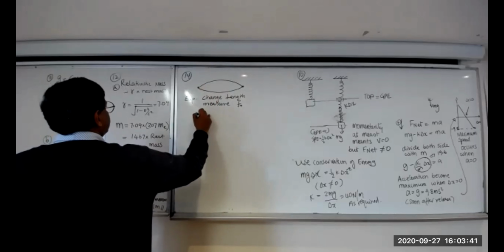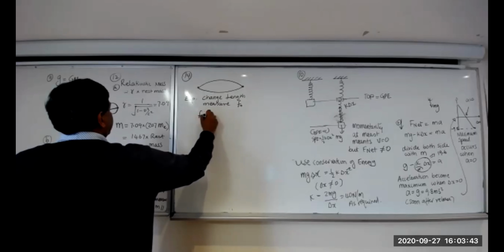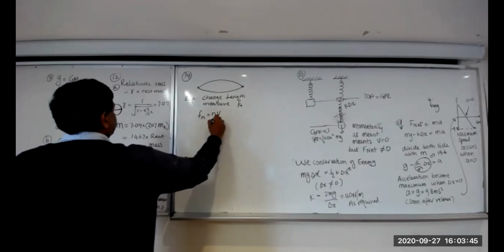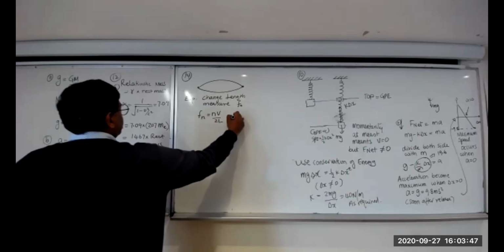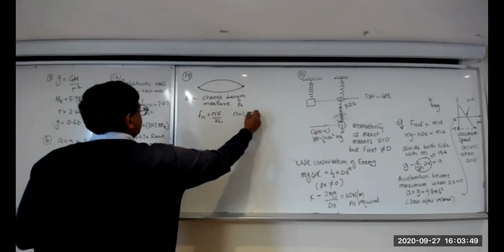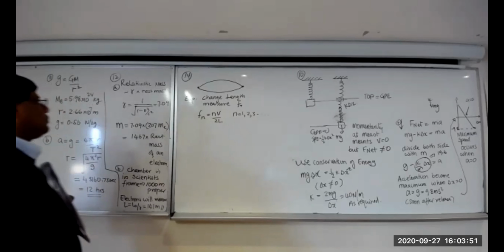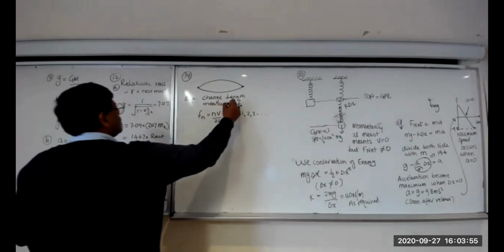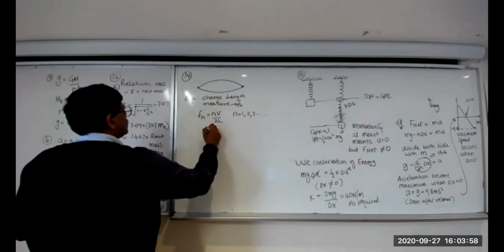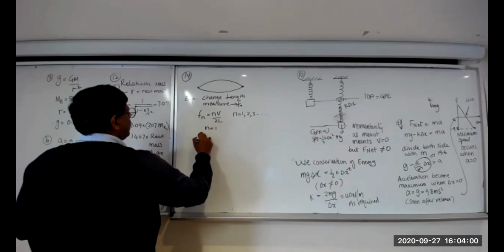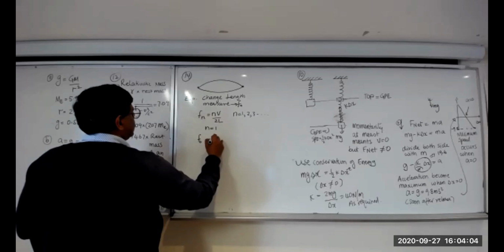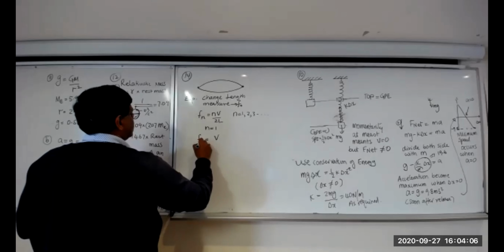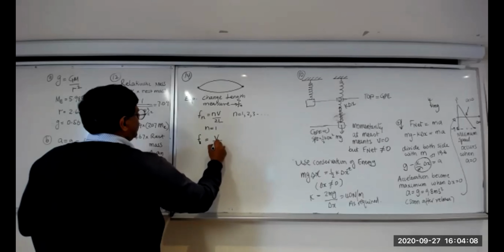Remember, for both ends fixed, the nth frequency is given by that. So n equals 1, that's the fundamental frequency. Therefore, your f naught, or maybe say f1, is v on 2L.